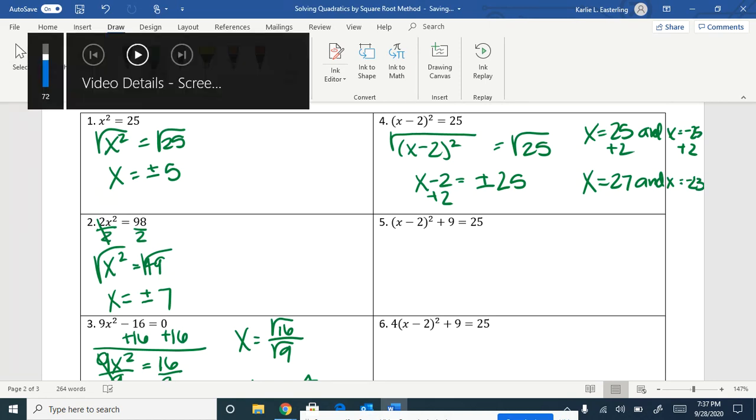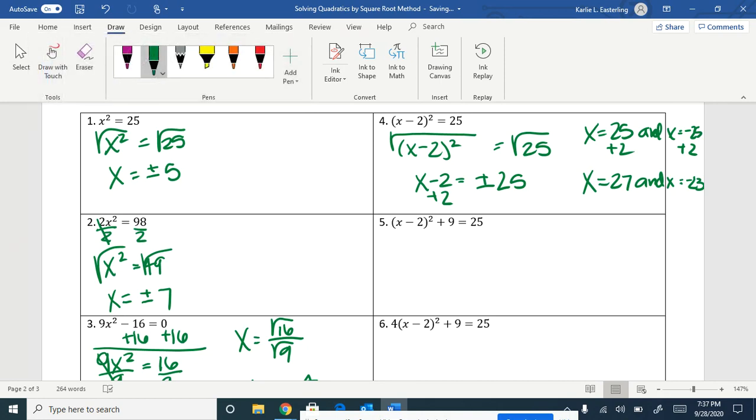All right, so now we're looking at number 5. We're in vertex form again, but we have this plus 9 that we're going to have to get rid of to isolate our squared term. So we're going to subtract 9 from both sides, and we will then have (x minus 2) squared equals 25 minus 9, which will give us 16.